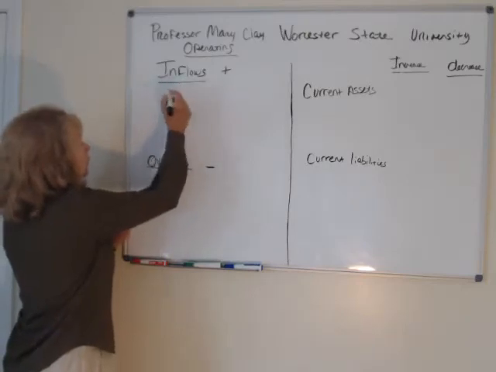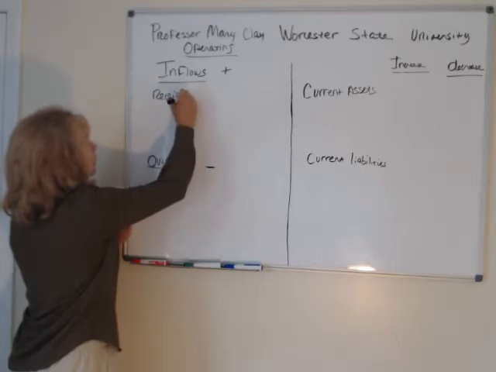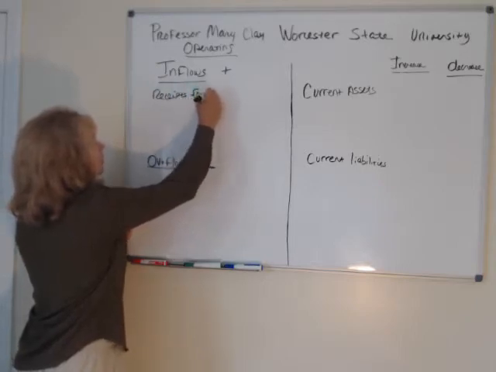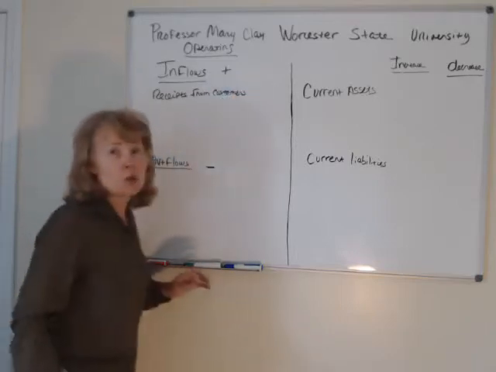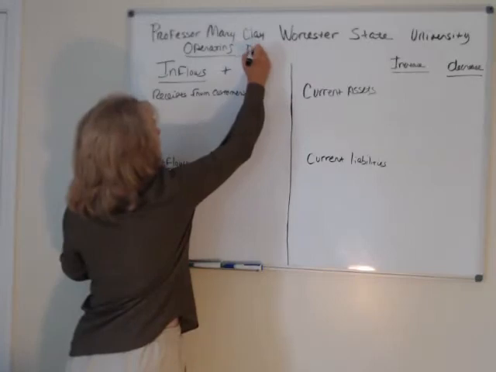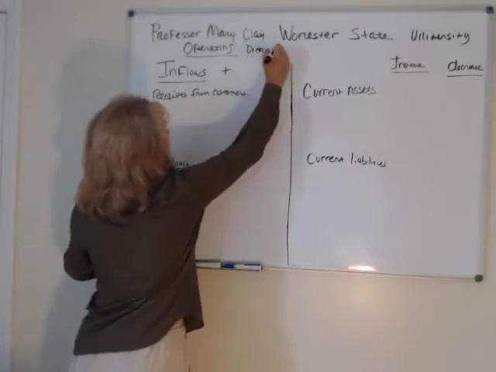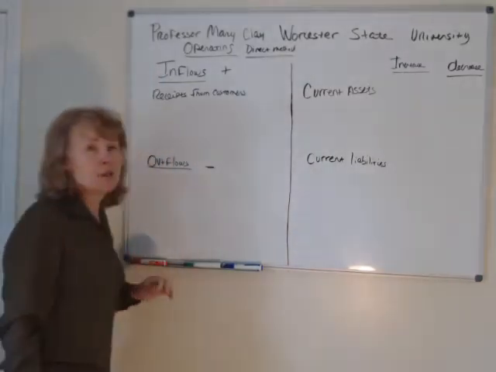Here's the first inflow. You'll have receipts from customers. And this is the direct method. Okay, receipts from customers.